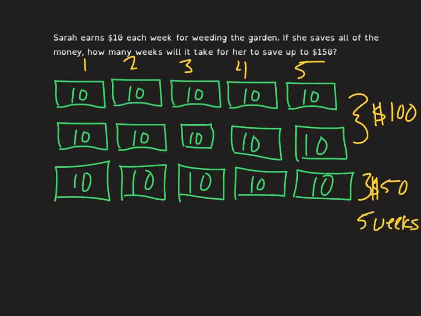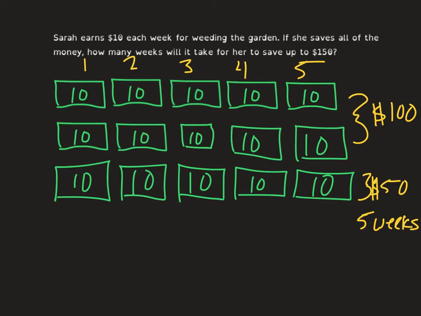Okay, so now we can take a look at this row here. This row has 5 $10 bills in it, and this is 5 weeks. Each row has the same number of $10 bills in it. So this row on the bottom has 5, and this is $50 total, which is 5 weeks. Up here, this bundle of 100 is 2 rows.